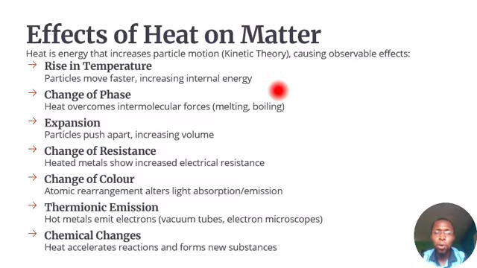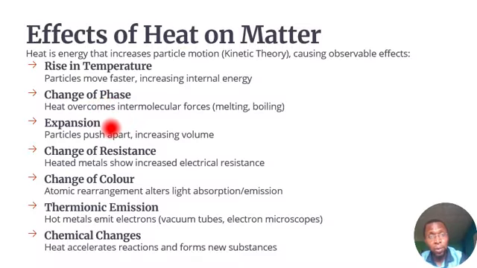All right. So let's look at the effect of heat on matter. Of course, when heat is involved, temperature increases. When you heat a substance, it increases the temperature of that substance. That's very obvious. When you subject a substance to heat, the phase of that substance can change. If that substance was solid before, it can change to maybe liquid. If you continue to heat it again, it changes to gas.